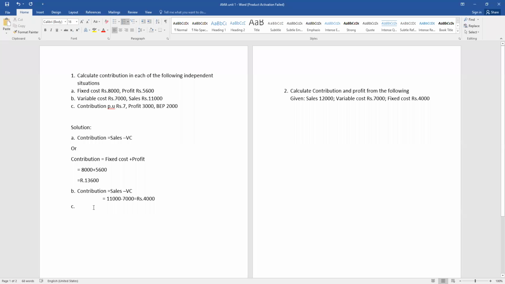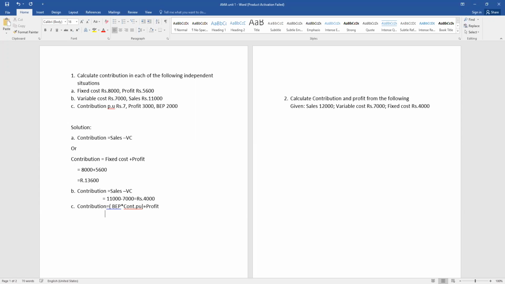Now coming to the third situation, we have BEP in units. We have contribution per unit and we are given the profit. So in this situation, our contribution will be calculated using the formula: contribution is equal to BEP in units into contribution per unit plus profit.